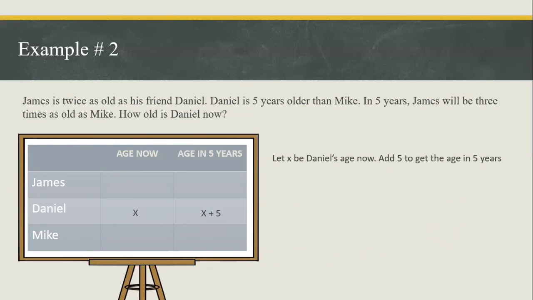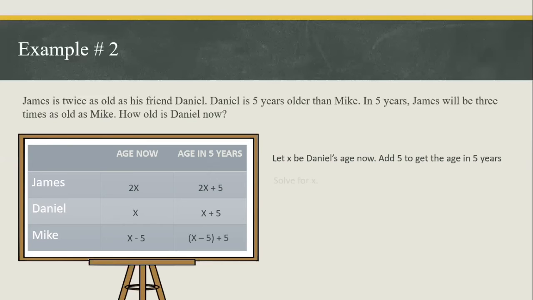James is twice as old as Daniel, so 2x. For Mike, Daniel is 5 years older than Mike, so that is x minus 5. Just add 5 for age in 5 years. So for James, it's 2x plus 5, and for Mike, x minus 5 plus 5.